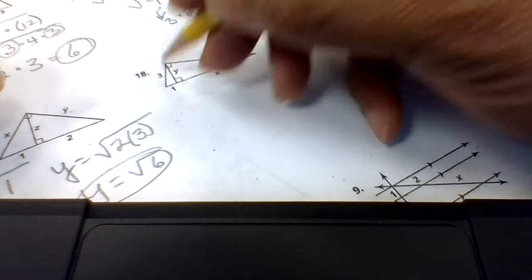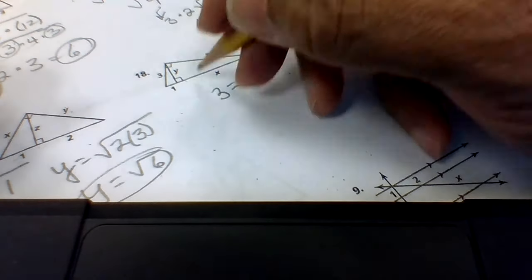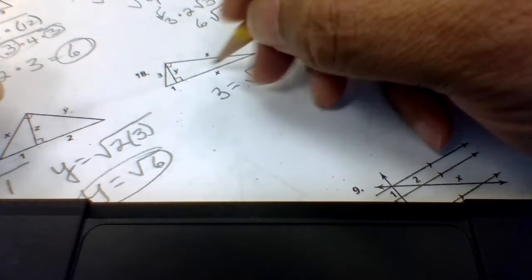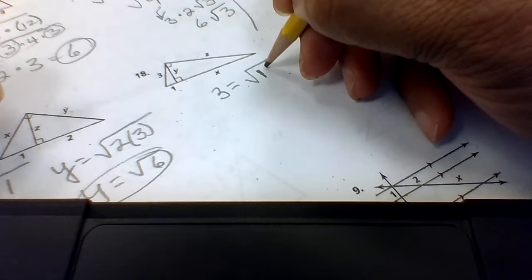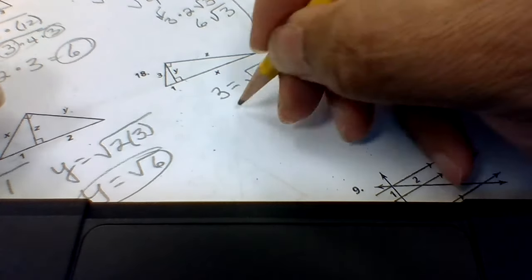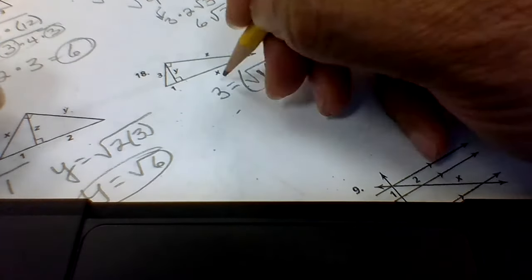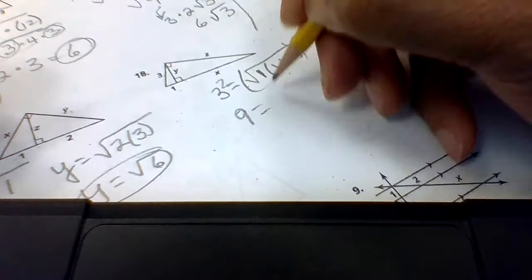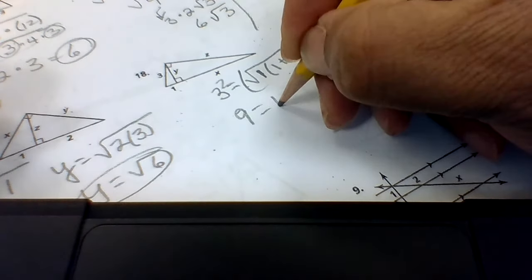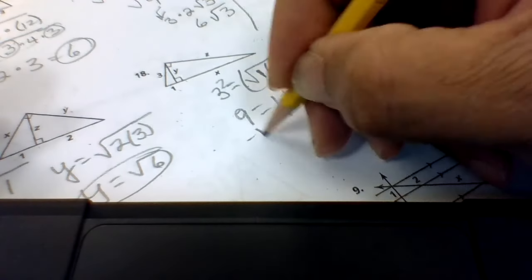Start with the outside. So 3 is equal to the square root of the closest base, which is 1, times the total base, which is 1 plus x. And I need to get rid of this square root. So I square both sides. So 9 is equal to 1 plus x. Subtract 1 from both sides.